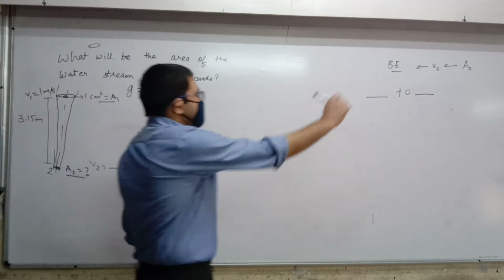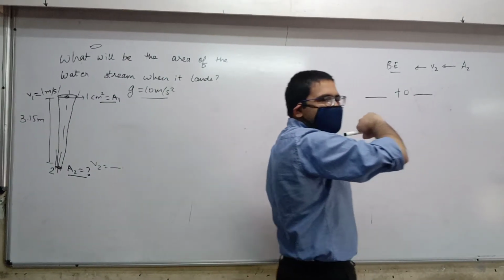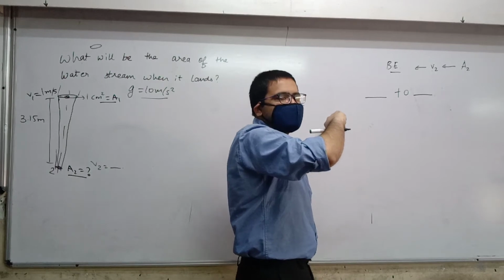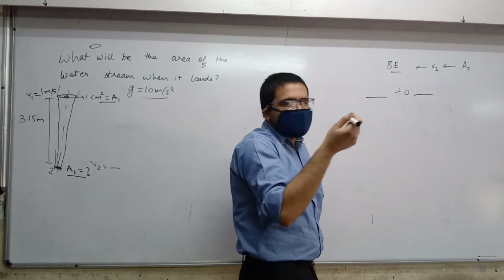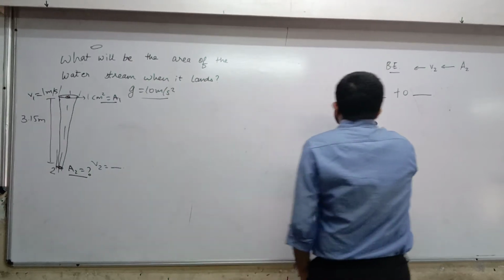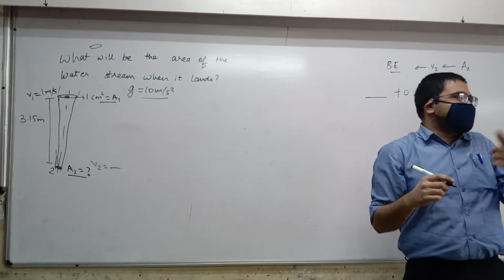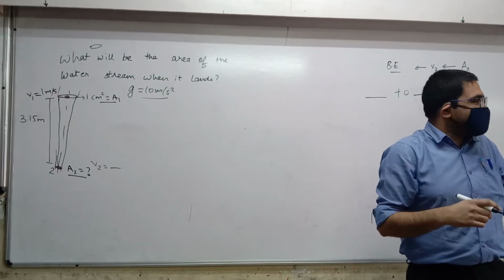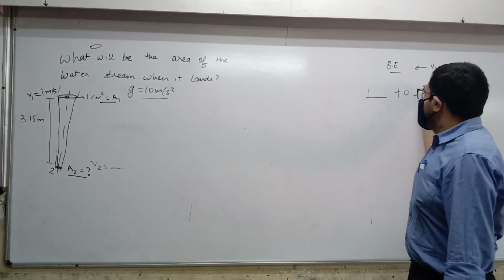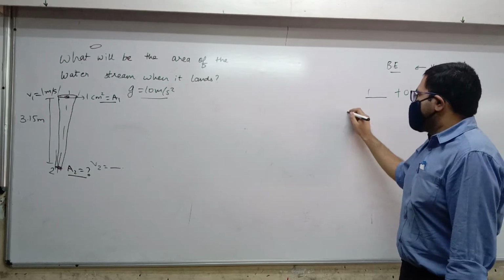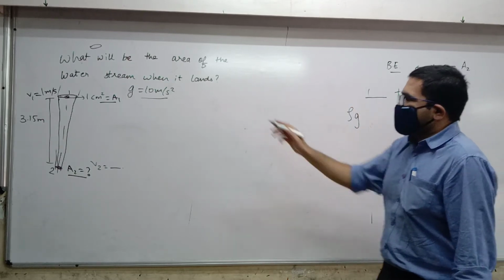Let's see now. Everyone is getting a different answer. Who gets 8? Very good. Let's see. Either you two have got the right answer or you two have made the same mistake I do. Let's check. So what to do? P1, P2 cancel. Rho, g, h1, height of first.